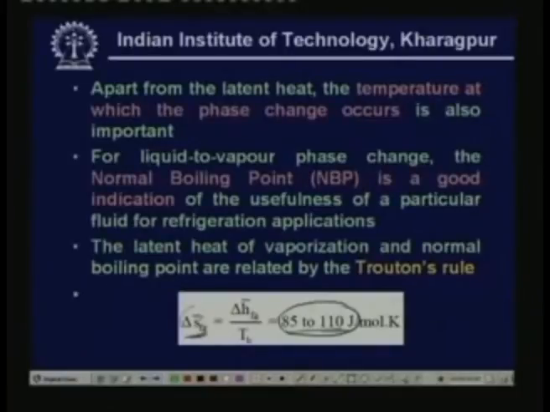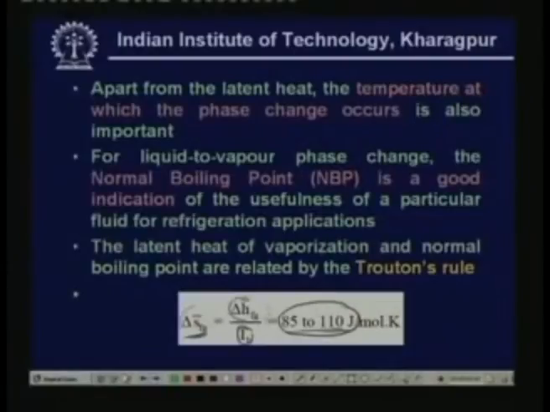Using thermodynamic relations, we can write delta S_fg as delta H_fg divided by T_B, where T_B is the normal boiling point and delta H_fg is the molar enthalpy of vaporization at normal boiling point. So Trouton's rule says that the ratio of the molar latent heat of vaporization at normal boiling point divided by the normal boiling point in Kelvin is constant for most of the fluids.